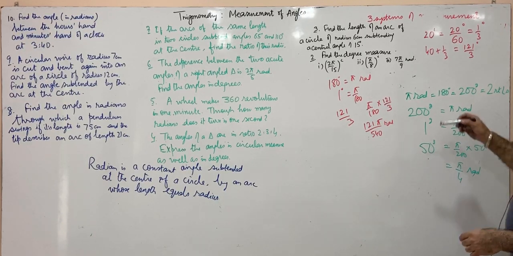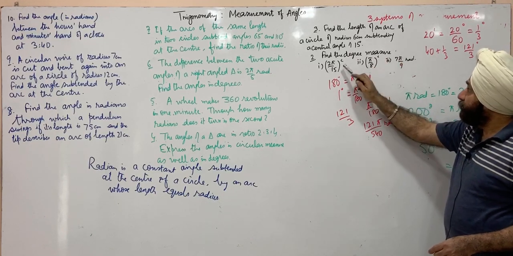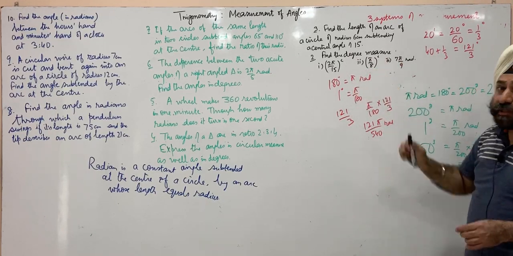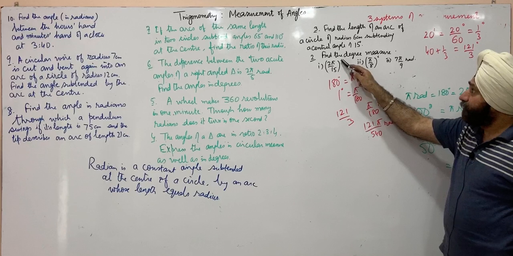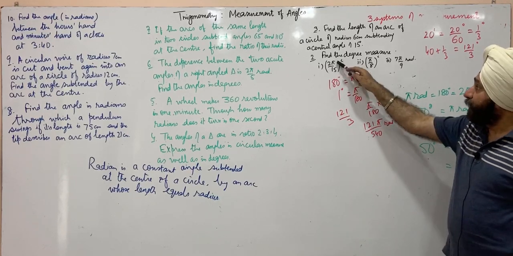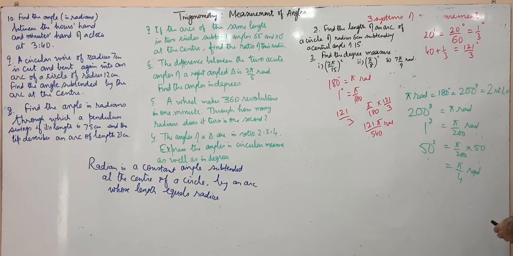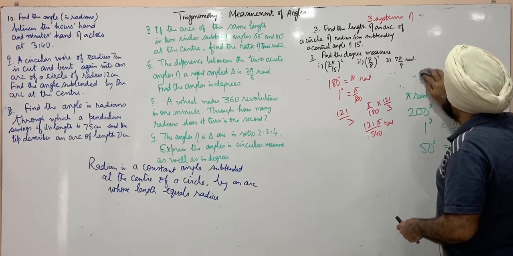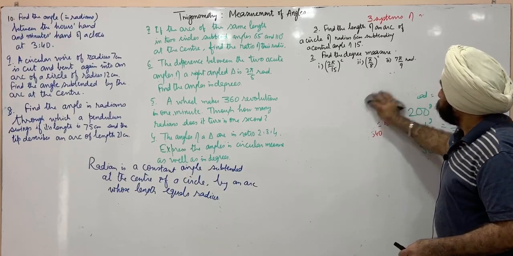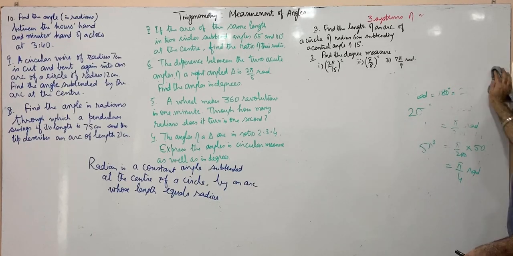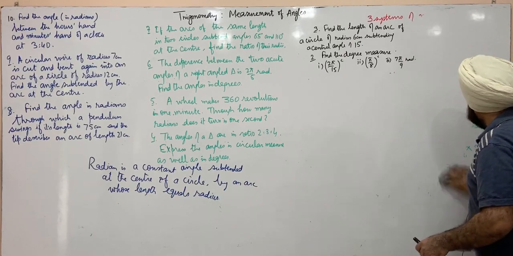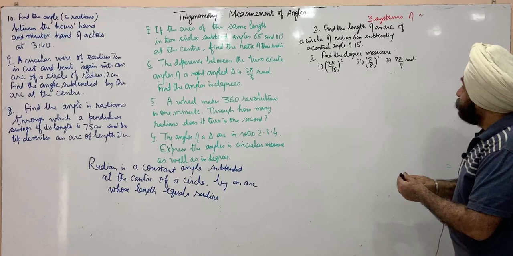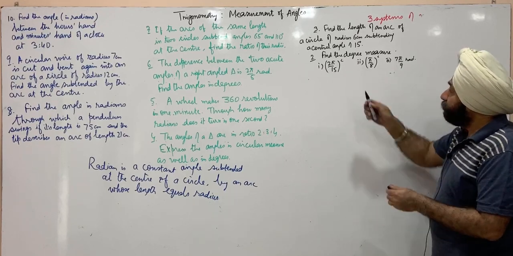we have to find out the degree measure of 2 pi by 15 C. C is for the circular system. 2 pi by 15 C means 2 pi by 15 radians. So C is the same as radians. We'll use the same conversion formula but from the different side.